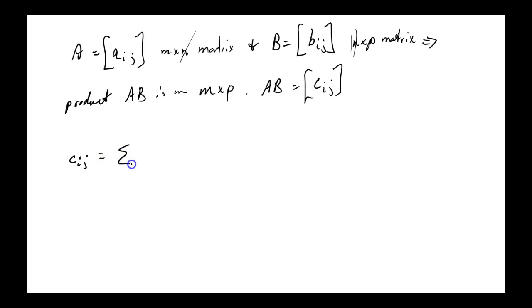It's going to be the summation, k equals 1 to n, where n is that inner dimension, the last of the first and the first of the last, okay, that inner dimension of Aik from the first one times Bkj from the second one.